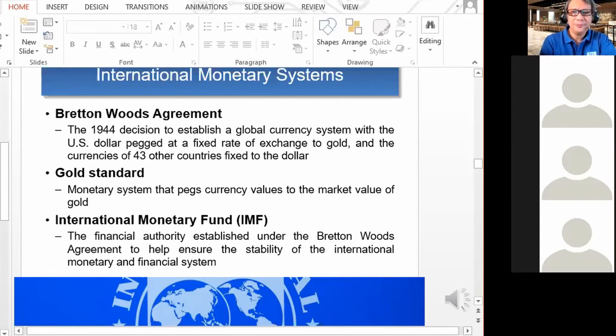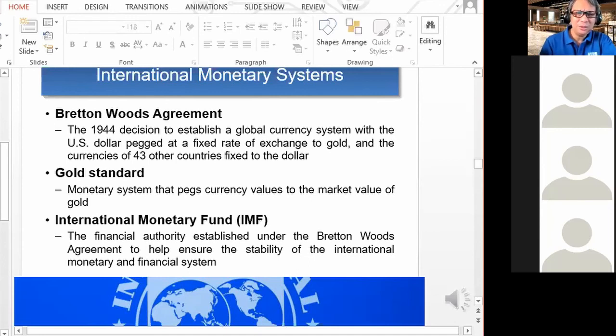So how did it all start? Where did it all start? Okay, it all started with the Bretton Woods Agreement. It is the 1944 decision to establish a global currency system using the US dollar as the world currency. It is pegged, or fixed, at an exchange rate equivalent to gold.